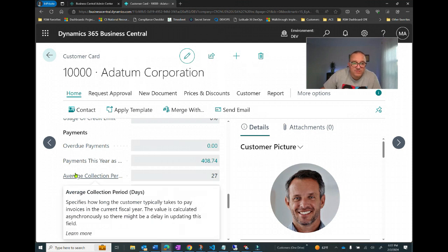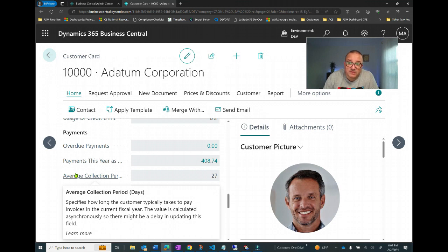So what is the average collection period in days? Well, let's say we have 2 invoices, and the 2 drivers for calculating this average collection period are the posting date of the invoice and the due date.